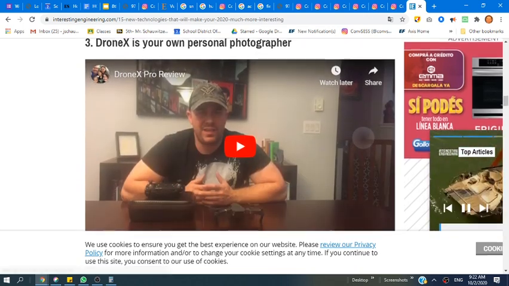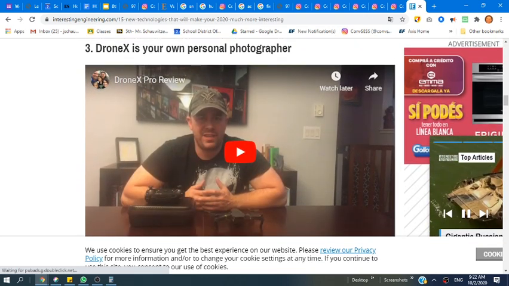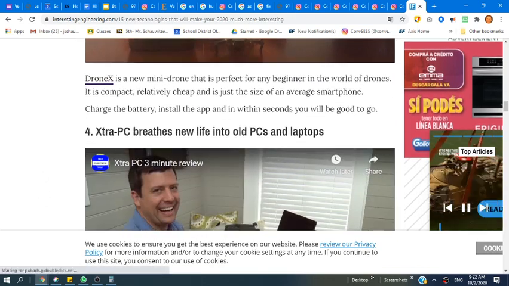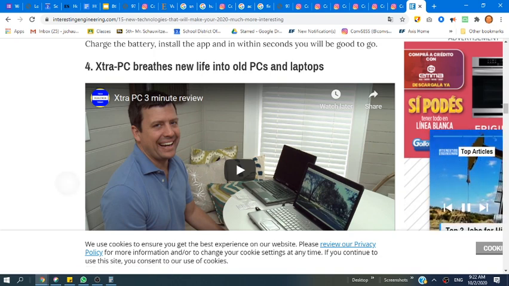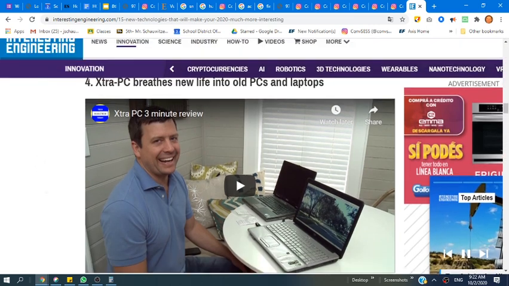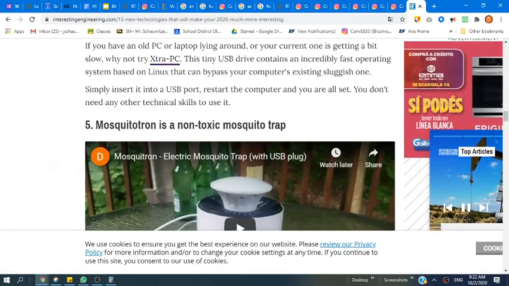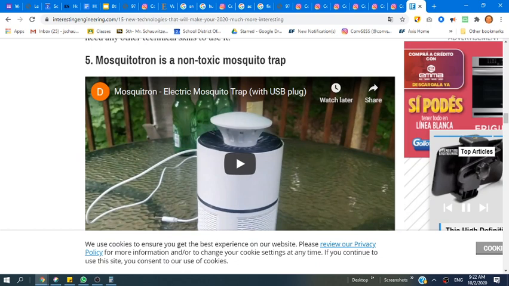Let's look at another one. Drone X. You can now take photos from the air, which I think is pretty cool. This one says Extra PC breathes new life into old PCs for laptops. Not quite sure what that really means, but you can click on it to find out more if you'd like. Mosquitotron is a non-toxic mosquito trap.